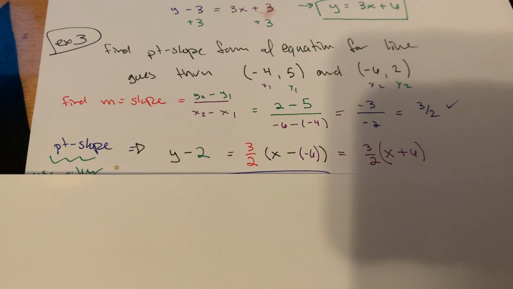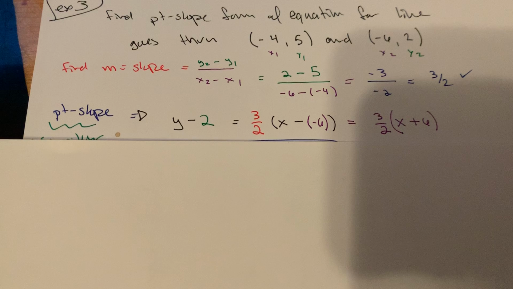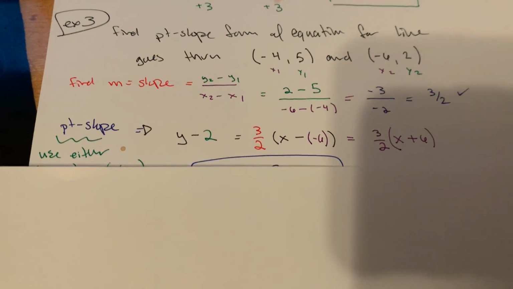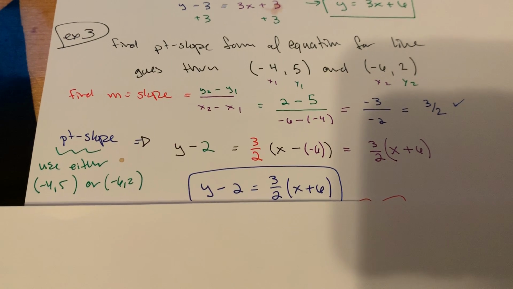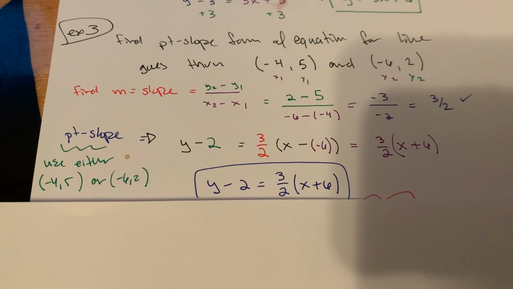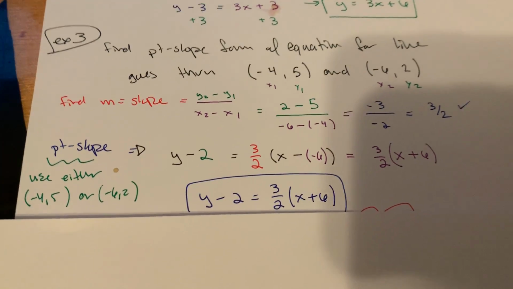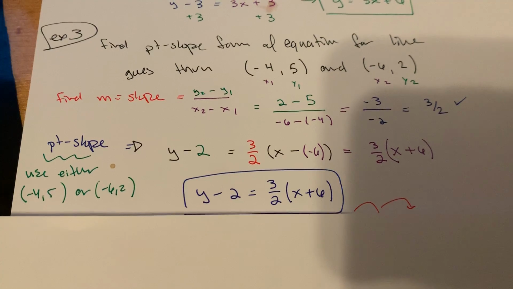Once I have the slope, I'm just doing the same kind of steps we've been doing the past couple problems, right? So I'm just throwing all this information into my point slope setup. And the idea here is I can use either the -4, 5, or I could use the -6, 2. Either one of those points I can use in my point slope equation.